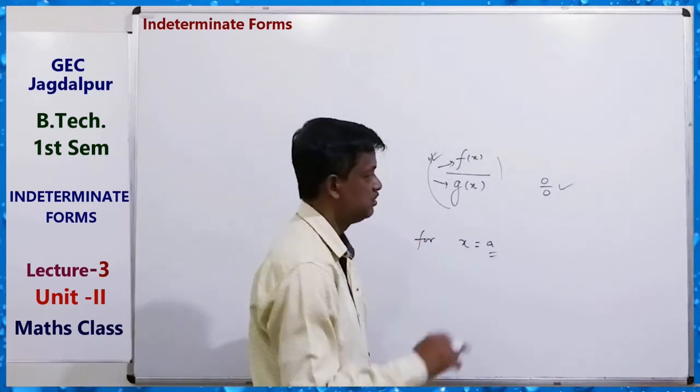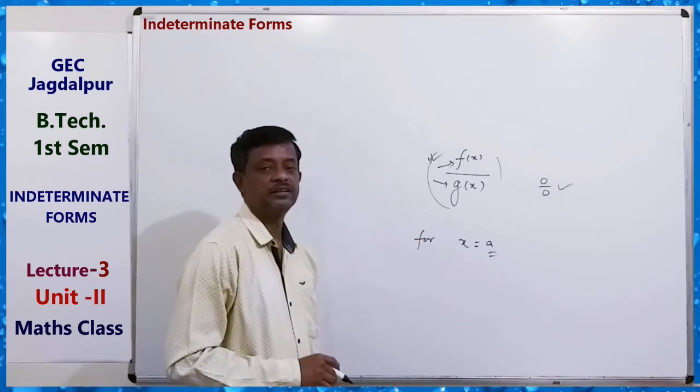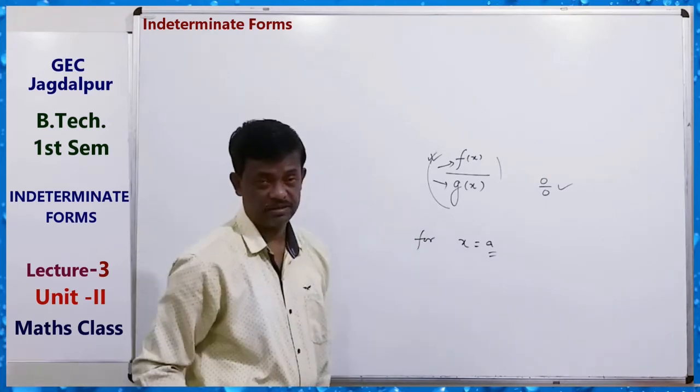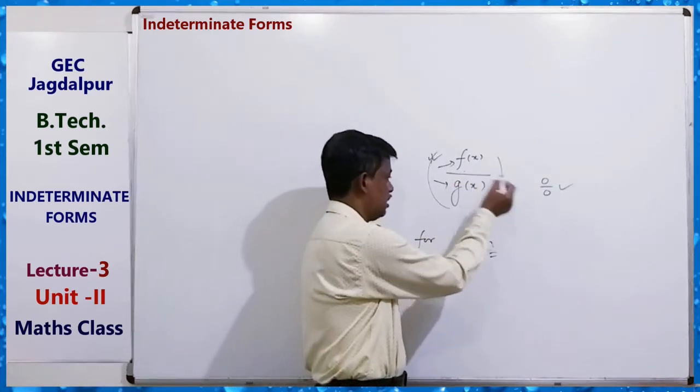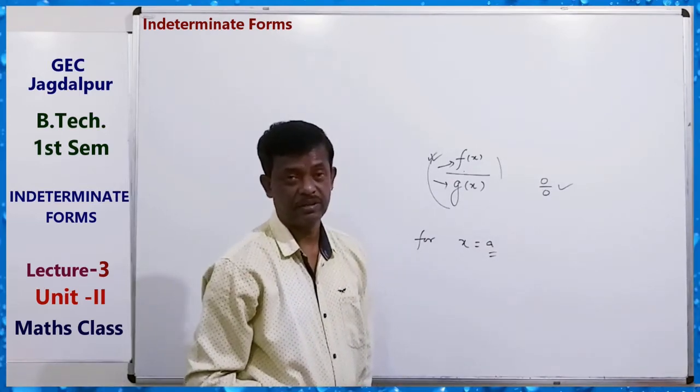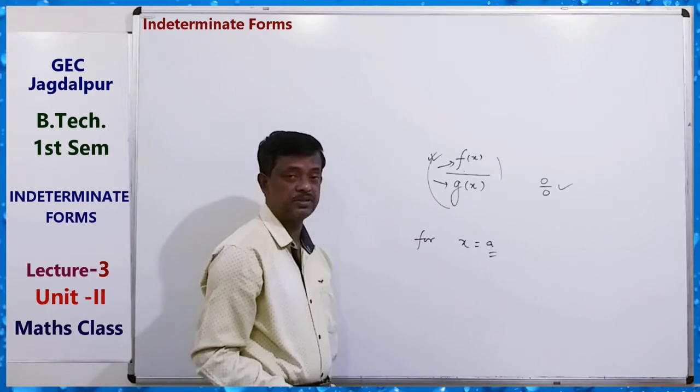That is, we are evaluating the indeterminate form. This is an indeterminate form for x equal to a, of the form 0 by 0. There are other indeterminate forms also.